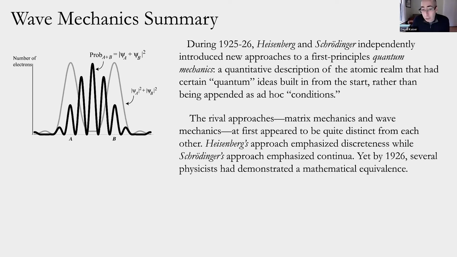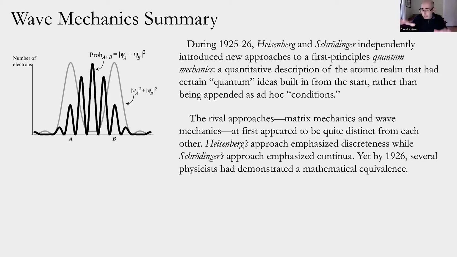Now, these approaches looked quite different at first, and even not very encouraging, to be polite about it, to each other's inventors. Heisenberg's approach emphasized and built upon what he considered an inherent discreteness. That was the main lesson of the quantum, as far as Heisenberg was concerned. Schrödinger, in the meantime, built separately on de Broglie's suggestion. The real lesson is a surprising continuum: that even solid matter like electrons has associated wave-like behavior.